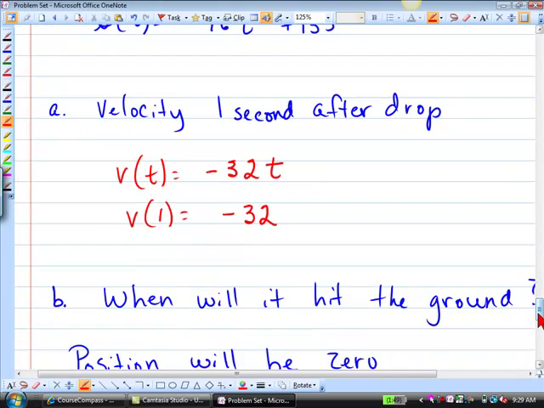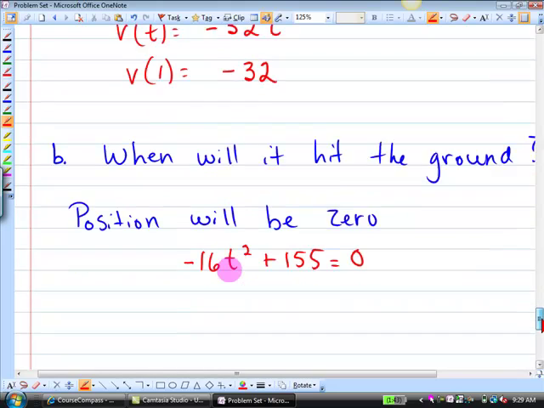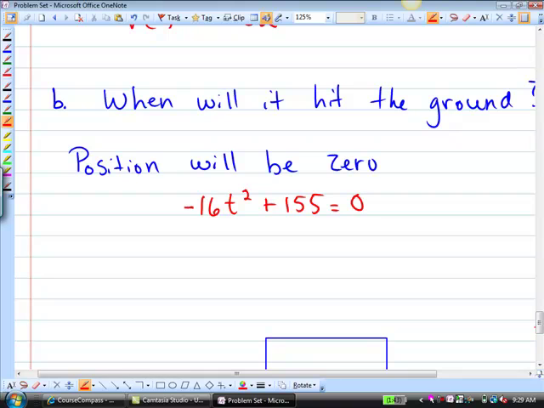When will it hit the ground? What you need to think about, if it's hitting the ground, what's its position then? 0. Okay, so if we take that original thing that we had, negative 16t squared plus 155, and set it equal to 0, and we solve that, we should get something.